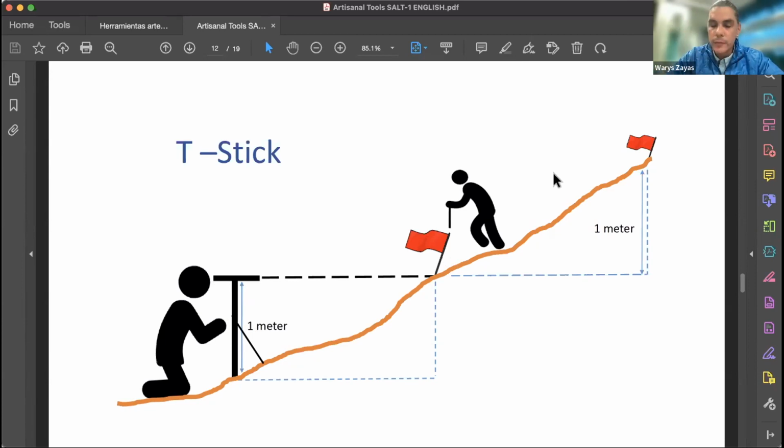In areas with less than 15%, the height of this tool will be 0.75 meters, right? But this is a whole other topic. But the question is a really good one, so thanks for asking, right?